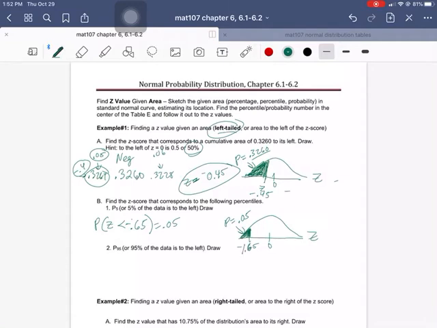Oh, 1.65, sorry, reading my own notes here.